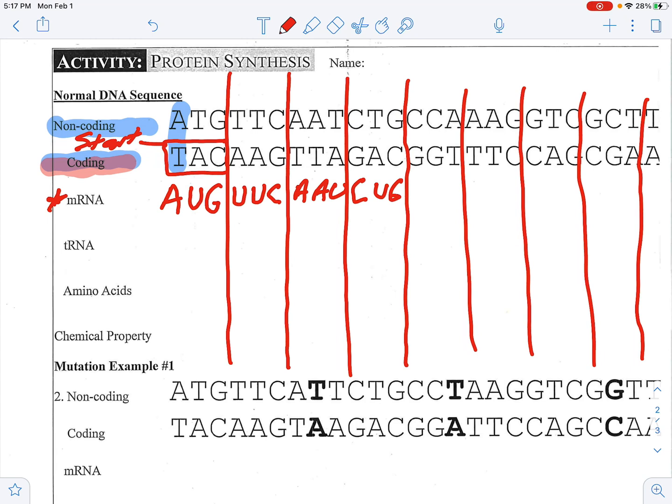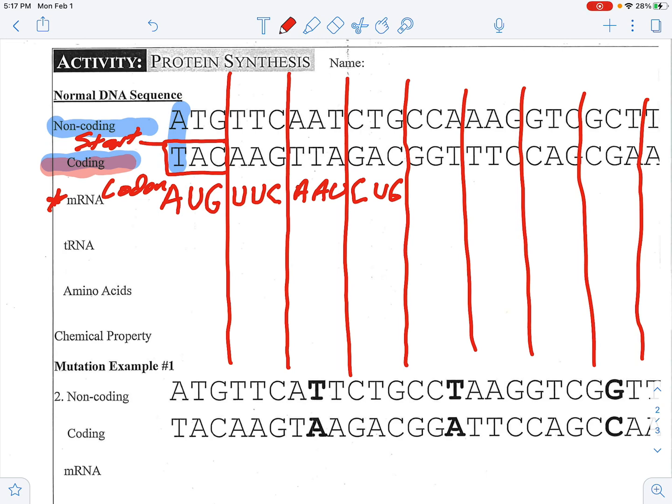Then the next thing is, the messenger RNA has codons. Those 3 nucleotides, AUG, that sequence of 3, is a codon. The separate transfer RNA molecule is going to have an anticodon, which is going to match and pair with the messenger RNA codon.